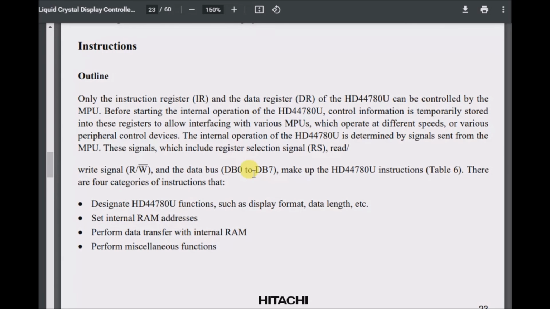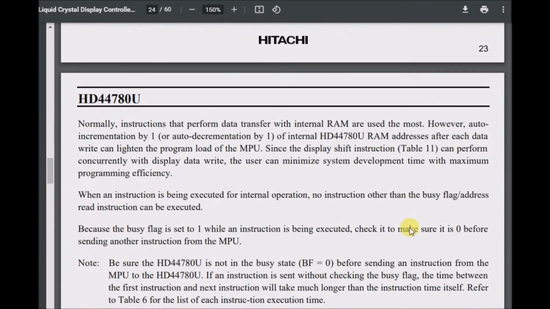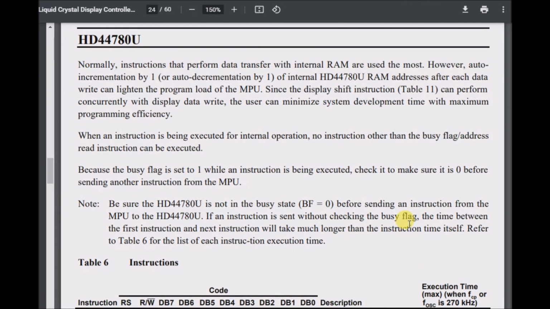HD44780U instructions, Table 6. There are 4 categories of instructions that designate HD44780U functions, such as display format, data length, etc.; set internal RAM addresses; perform data transfer with internal RAM; and perform miscellaneous functions. Normally, instructions that perform data transfer with internal RAM are used the most.